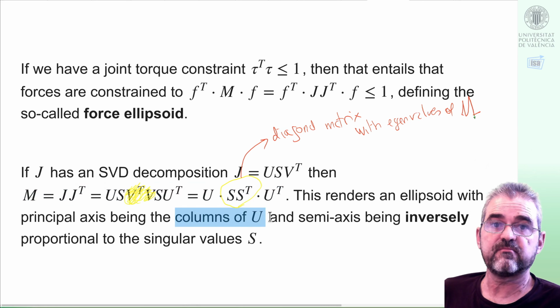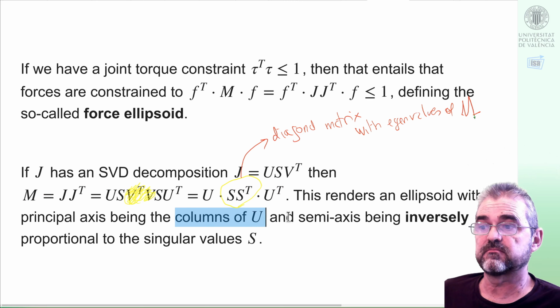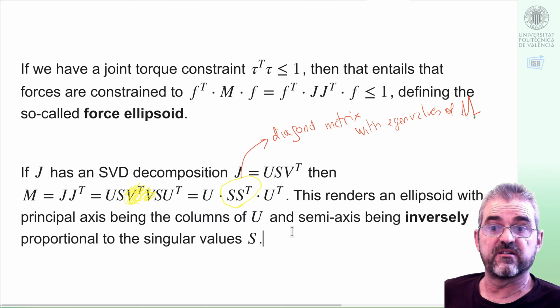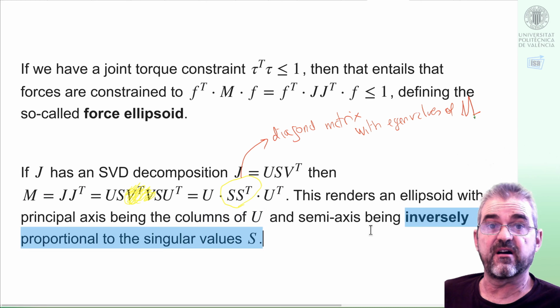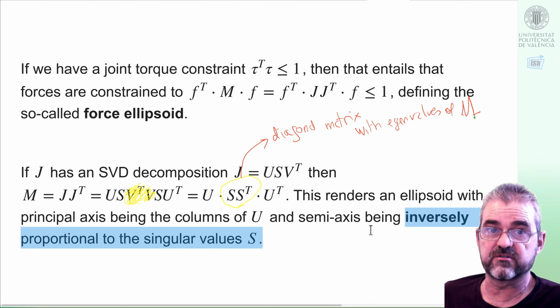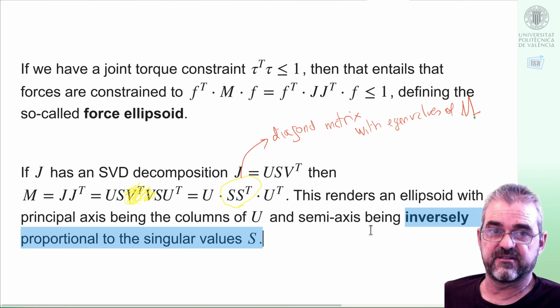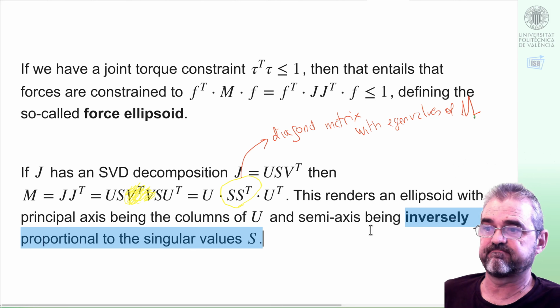So the columns of matrix U tell me the direction of the principal axes of the force ellipsoid, and the singular values are the inverse of the semi-axis length for principal forces, let's say. The semi-axes of the force ellipsoid have newtons as units, so singular values have inverse newtons as units.